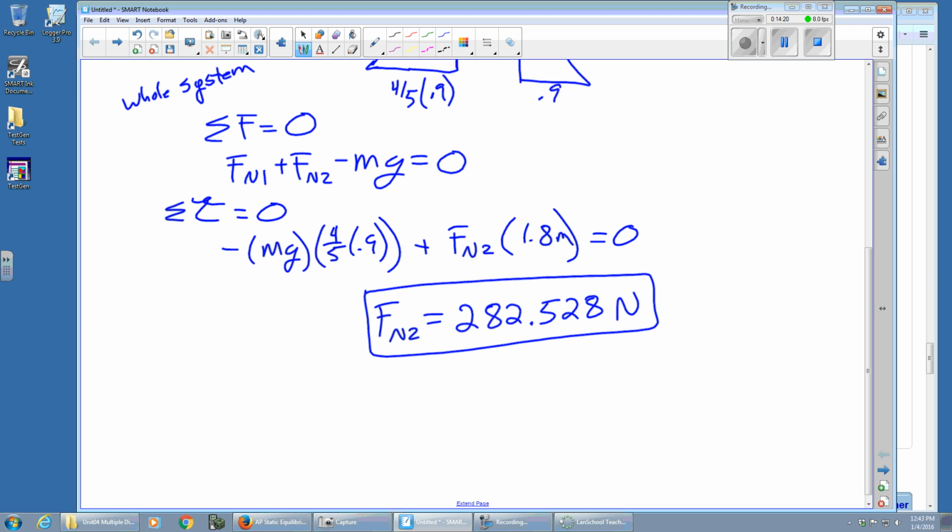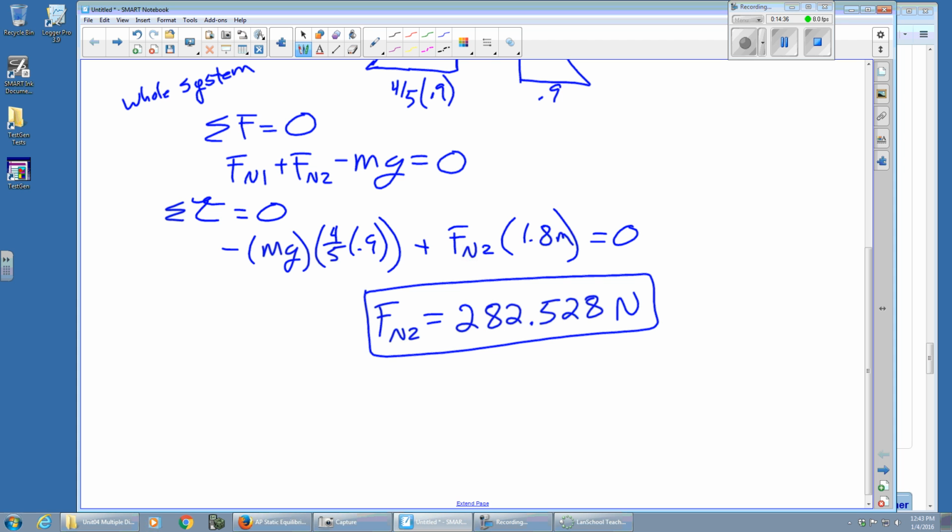I did the math here knowing that my M was 72 kilograms. I solved in the sum of the torques because I only had the one variable.